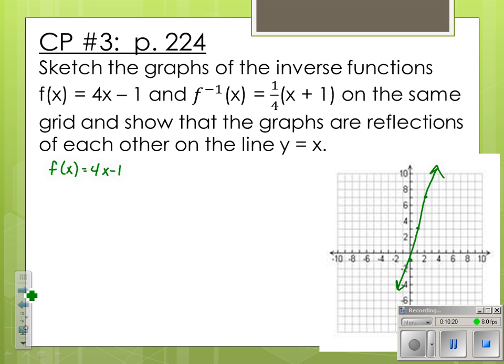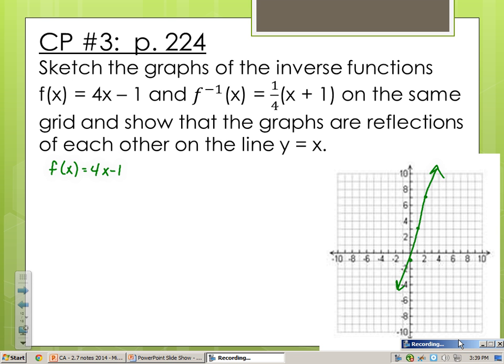We're going to do the same thing now for the inverse function. If we're looking at f inverse, they give us 1/4 times x plus 1. Well, let's go ahead and do some simplifying here. That's 1/4 x plus 1/4, right?